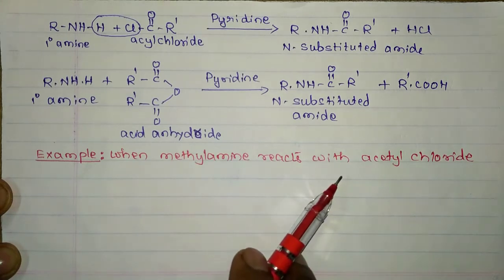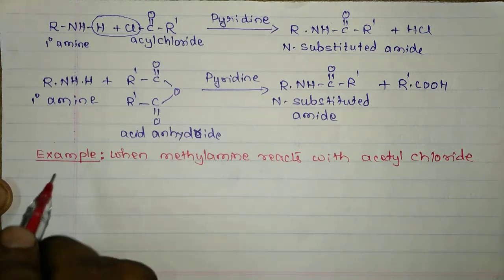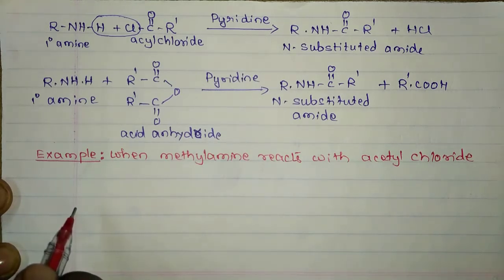Now we'll discuss examples. When methylamine reacts with acetyl chloride or acetic anhydride in the presence of pyridine catalyst, N-methyl acetamide is formed.